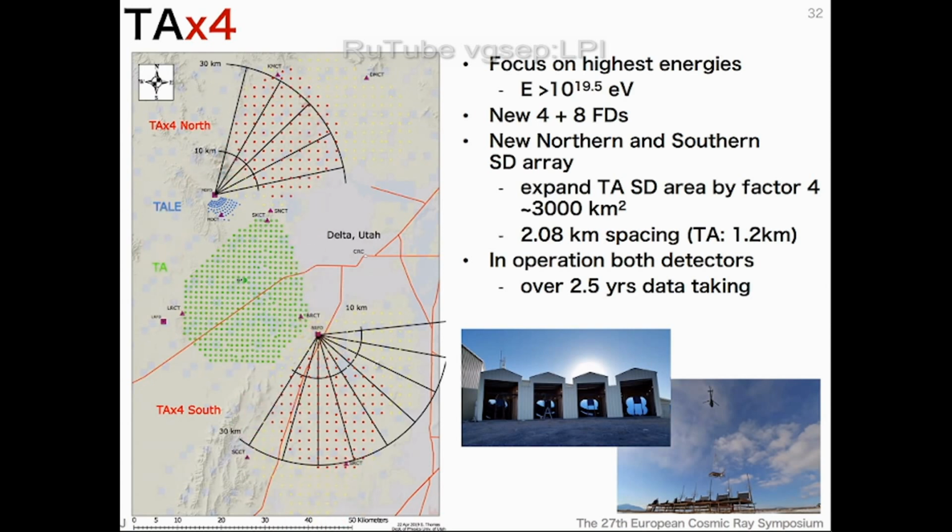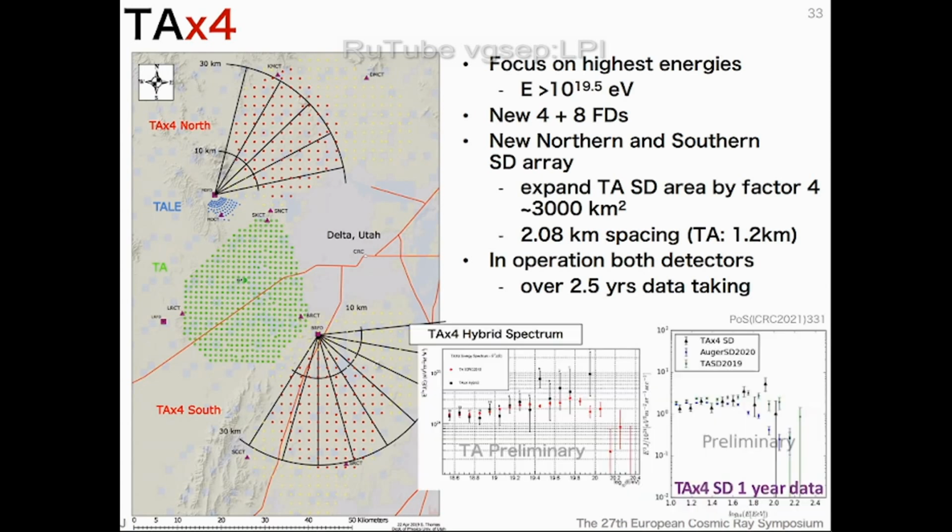They plan to extend the TA SD area by a factor of 4, which will be achieved at around 3,000 square kilometers. The data taking has already started, and they showed the preliminary results of the TAx4 hybrid spectrum and the TAx4 SD spectrum at the ICRC.